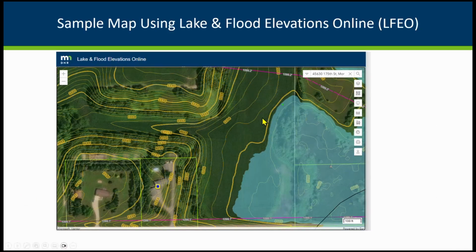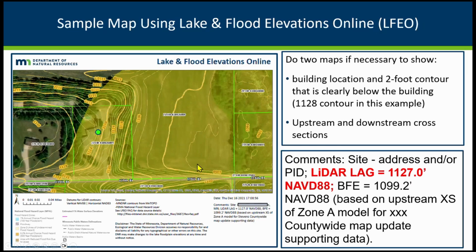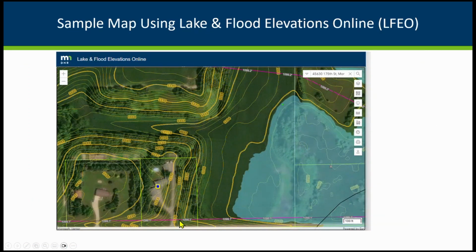And on this site, I went to try and make a map, and I realized it had been updated since I did the original slides here. And so you could have done the print of the map showing here's the downstream and upstream cross sections in the area. There's where I got that upstream cross section from for that building there.